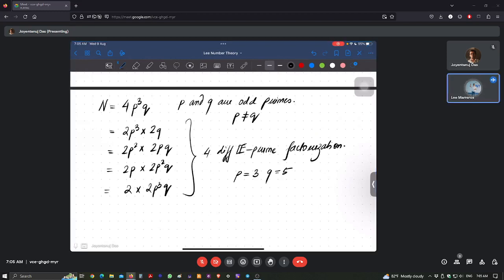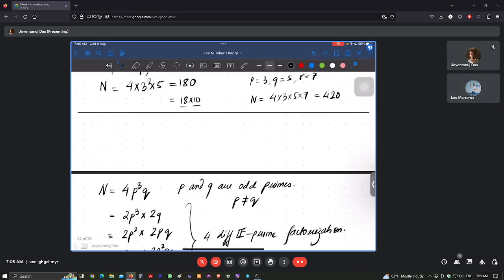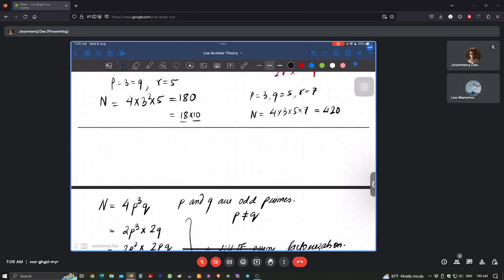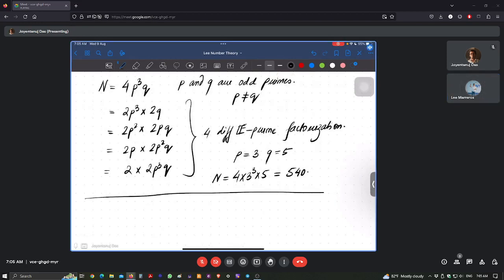The number would be 4 into 3 cubed into 5. So this is 540, right? But this is bigger than 420, so this will not work. But this type of number also has 4 prime factorizations.